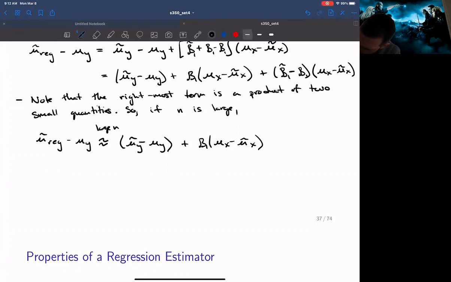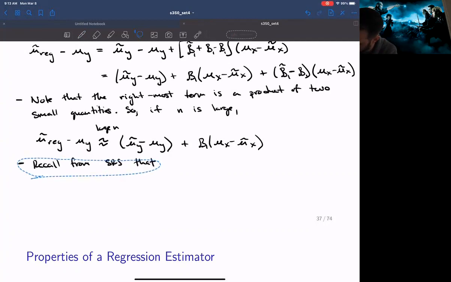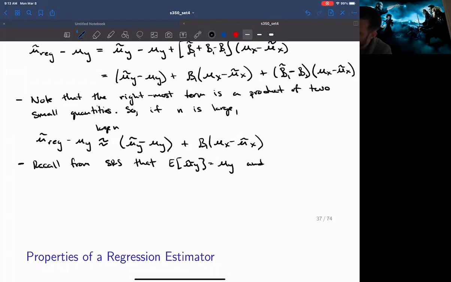All right, now what we can do is say, recall from SRS that the expected value of mu tilde y is equal to mu y, and the expected value of mu tilde x is equal to mu x.